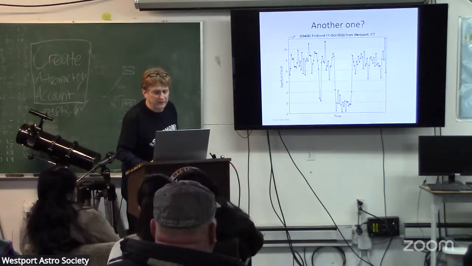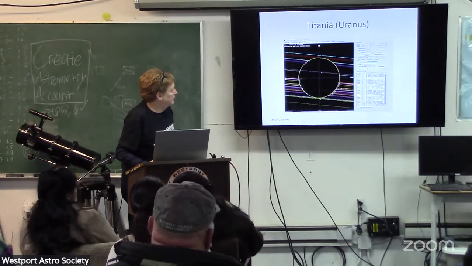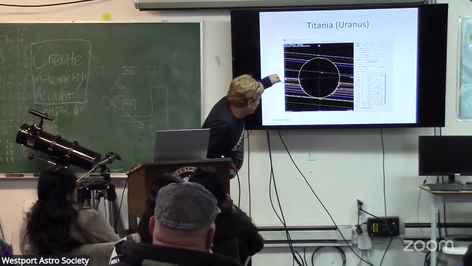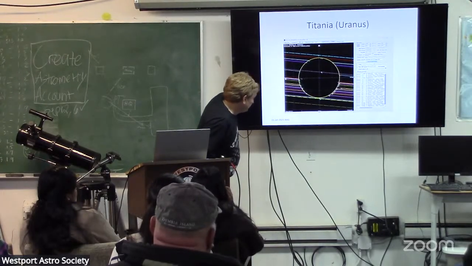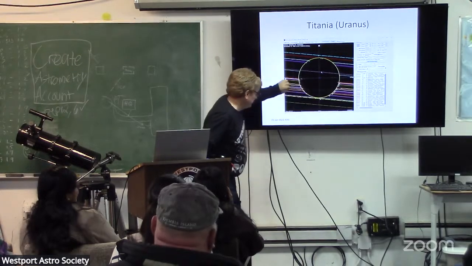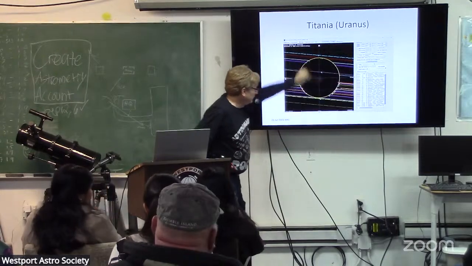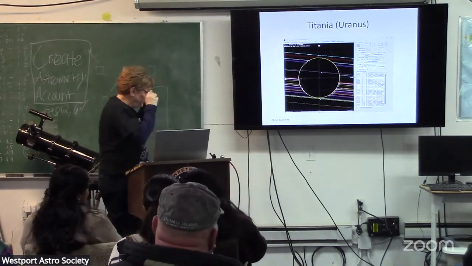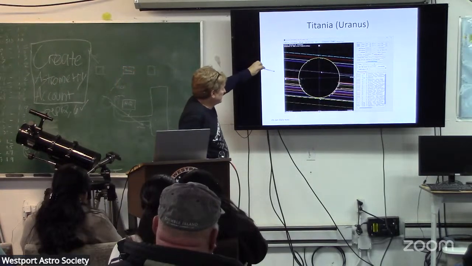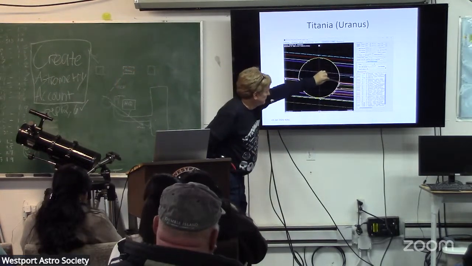There are other things we've done. This is Titania, the moon of Uranus, and one of these lines is ours, line 18. Let me just put my glasses on. So that's down in here. We were able to detect one of those. We actually got the position of the moon to a much higher accuracy. It was supposed to be here, and actually the center's down here.